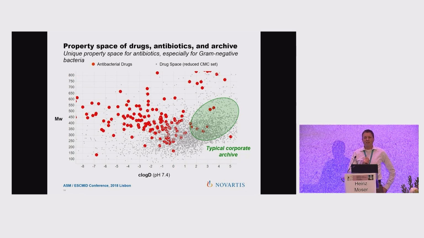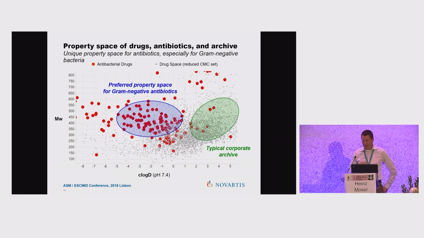I call it chemical convenience. It's much easier to put the phenyl group on a molecule rather than a hydroxymethylamino or whatever you want that has more functionality and is more polar. So this is a problem of our archives, and I think is at least partially responsible for the lack of success we've seen. It's not the only cause, of course.